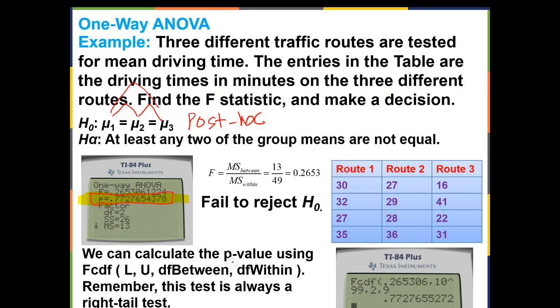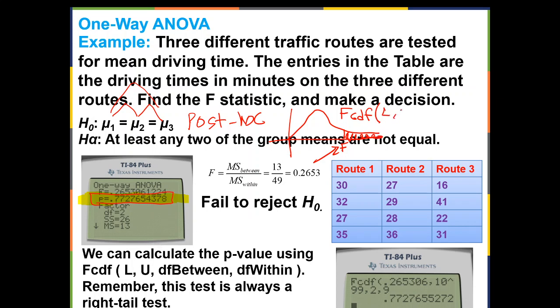we can conclude using the p-value. If you have the F here, which is this number, to actually do this by hand, you can go to F distribution CDF, which is under distributions in your calculator. F distribution CDF is basically finding the probability between a number and another number. So lower and upper.